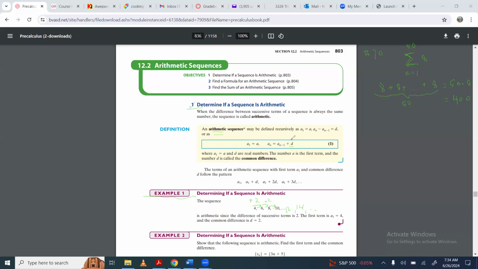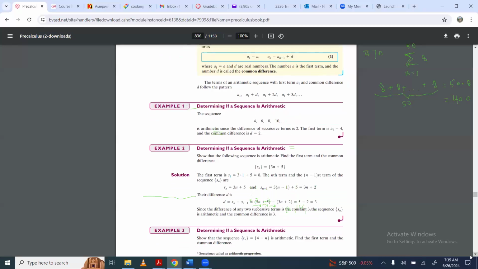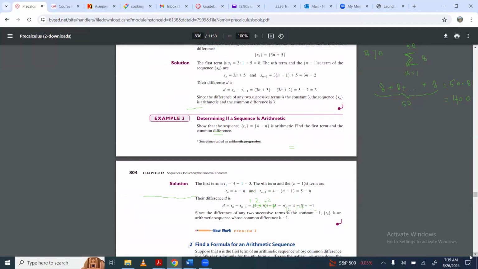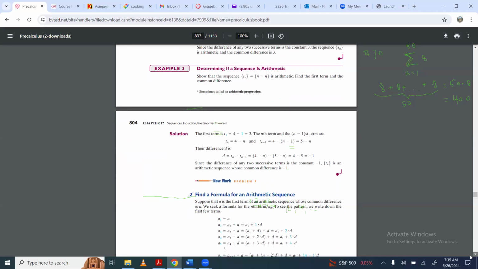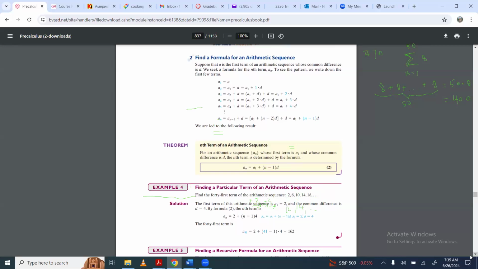And it's nice to be able to produce more and more terms of this arithmetic sequence, and they show various examples here, like the formula for the term.